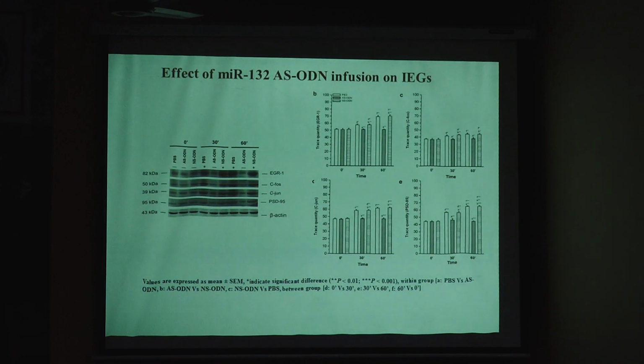Already people are saying that EGR1 is controlled by CREB, and CREB regulates the late response. But here, this microRNA goes back to CREB and regulates the immediate early genes.